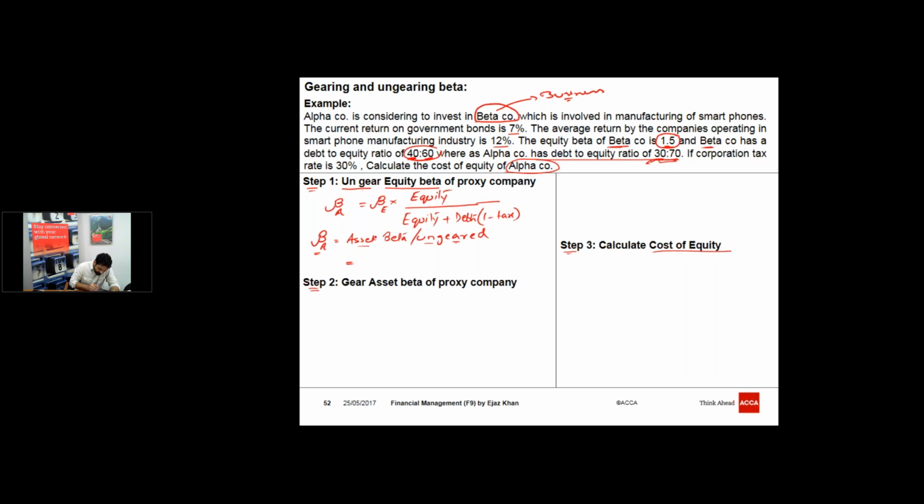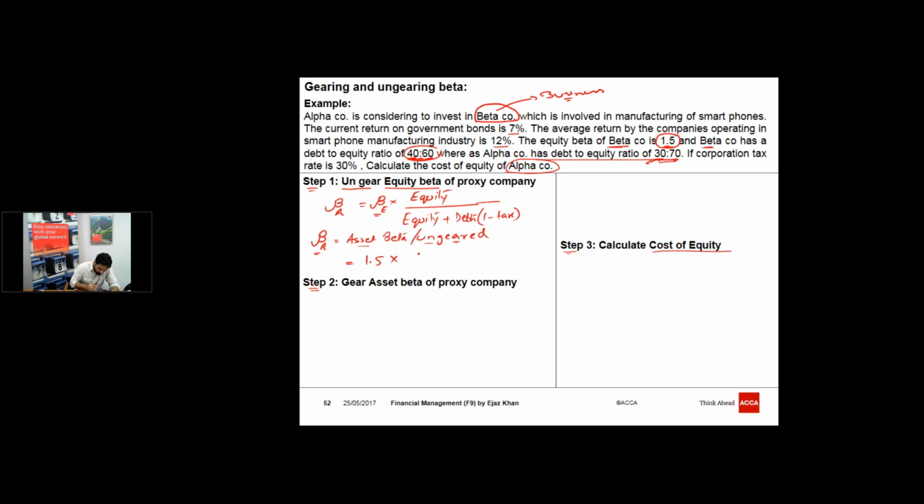So let's take the equity beta of Beta Company, that is 1.5. Since it has the financial risk of Beta Company, we will use Beta Company's gearing ratio to remove the financial risk. Remember this. So what is the gearing ratio of Beta Company? Beta Company has a debt to equity ratio of 40:60.